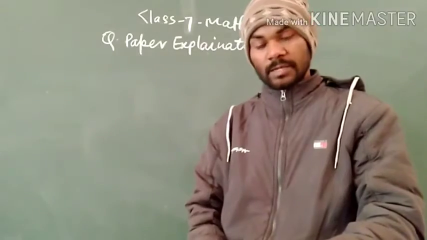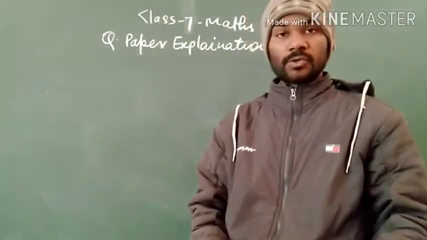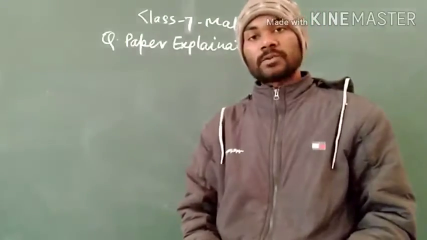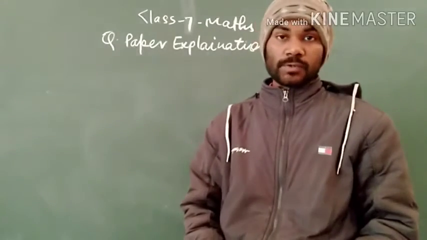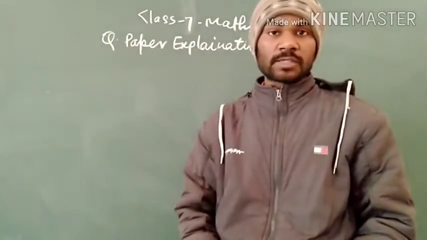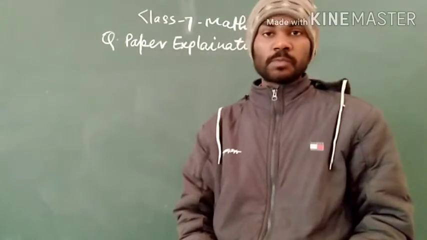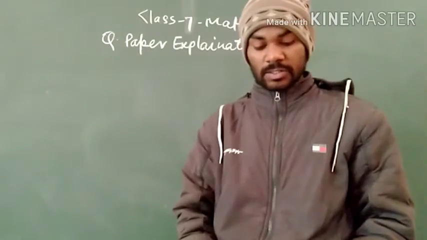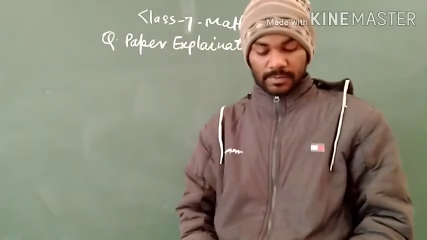In question number 1, that is the multiple choice questions, fill in the blanks and true false, you can do this easily. As you know, the multiple choice questions carry 4 options, so you have to choose the correct answer according to the question. In the fill in the blanks, you have to use the appropriate word to complete the statement as given in the question.